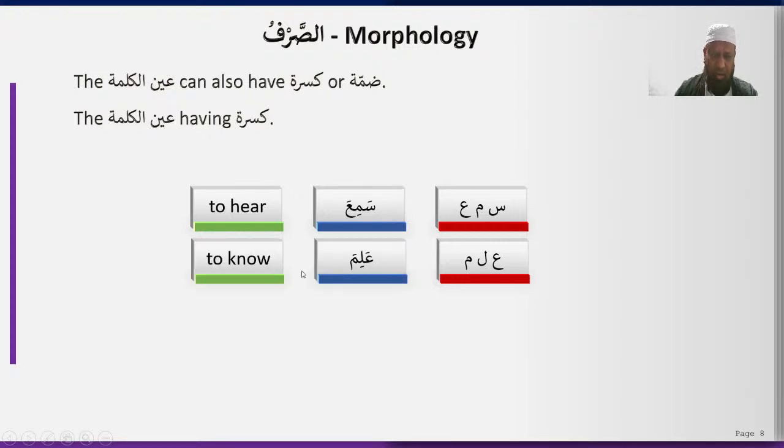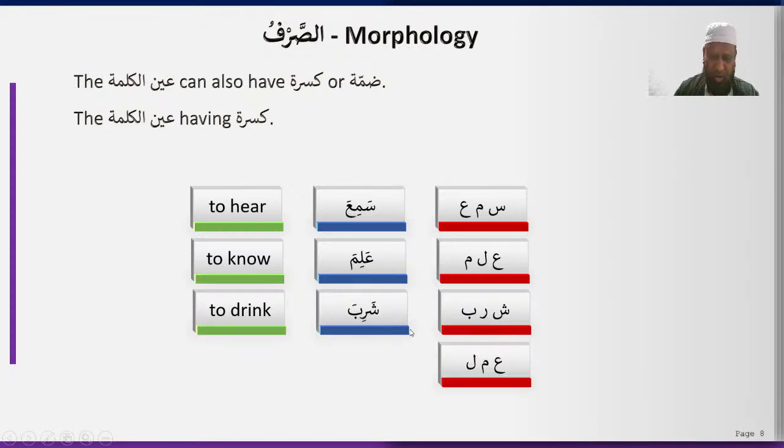Alima means to know. Shin, ra, ba, the middle letter is the ra, aynul kalima having kasra. Shariba, to drink. Ayn, mim, lam, mim is the middle letter, aynul kalima having kasra. Amila, to work.